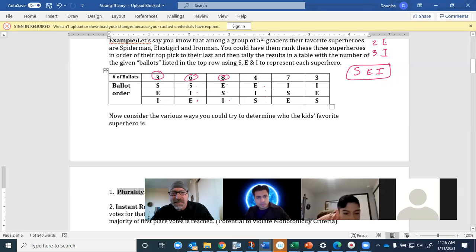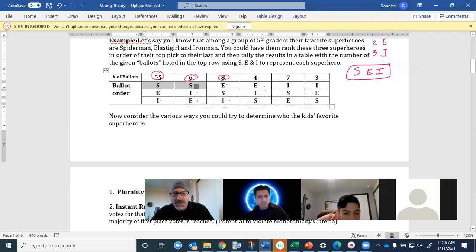If we eliminate Spider-Man and we remove those votes of Spider-Man, Elastigirl would have gotten 3 more first place votes and Iron Man would have had 6. So that would have been 12 plus 3 for Elastigirl and 10 plus 6 for Iron Man. And Iron Man would have won if this was Maine.